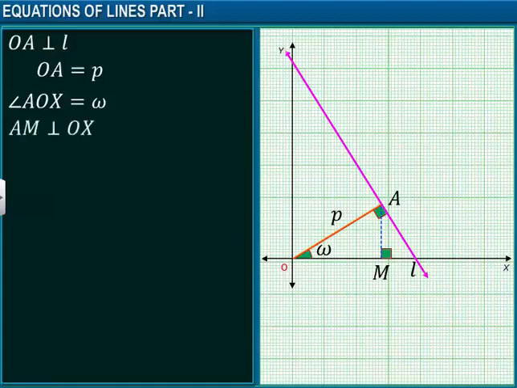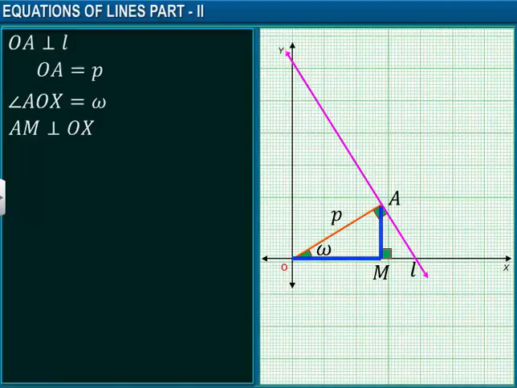In the figure, note that distance OM represents the x-coordinate and distance AM represents the y-coordinate of point A. Let us find the values of OM and AM to get the coordinates of point A that lies on the given line.